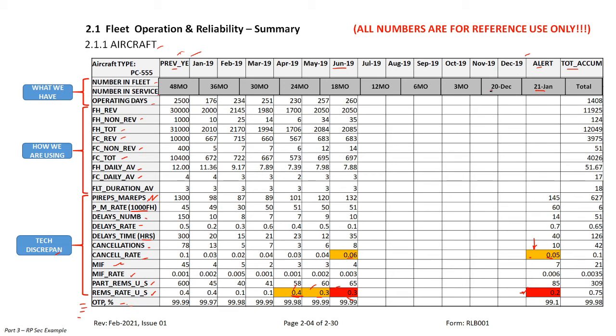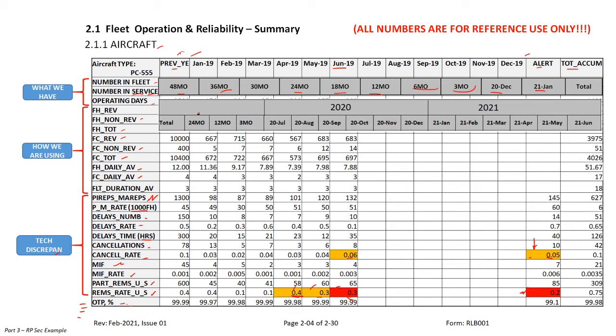The previous month is December 20. Then we have information about 3 months, 6 months, 1 year, 18 months, 2 years, 3 years, etc. Okay?